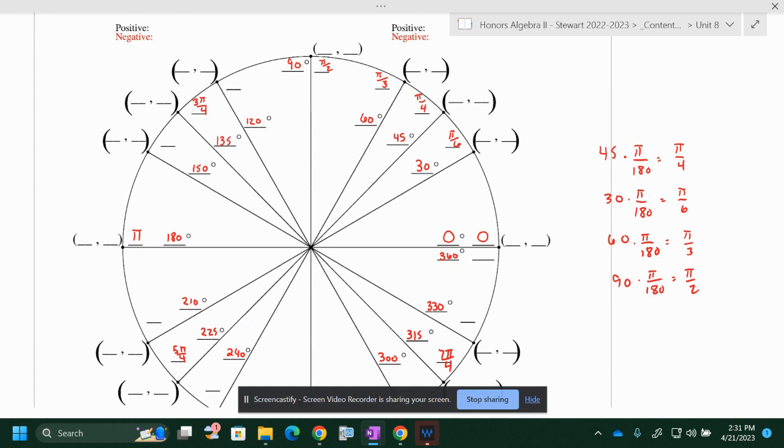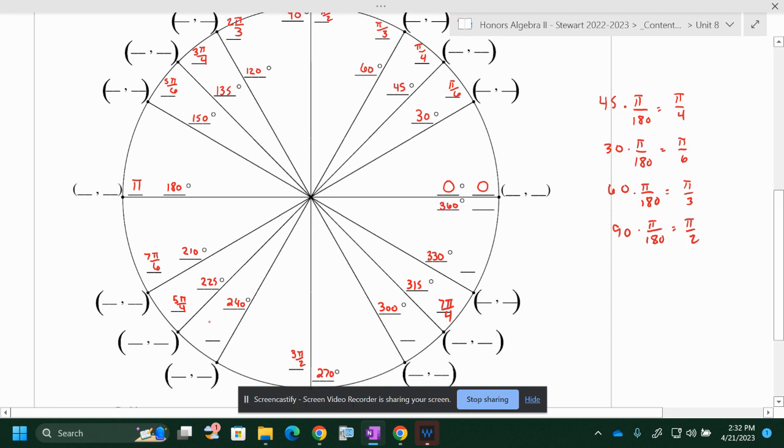So if I keep going by pi over 6 with all of the other ones: pi over 6, 2 pi over 6, 3 pi over 6, 4 pi over 6, which is 2 pi over 3, 5 pi over 6, 6 pi over 6, 7 pi over 6, 8 pi over 6, which is 4 pi over 3, 9 pi over 6, which is 3 pi over 2, 10 pi over 6, which is 5 pi over 3, 11 pi over 6, and then 12 pi over 6, which is 2 pi.